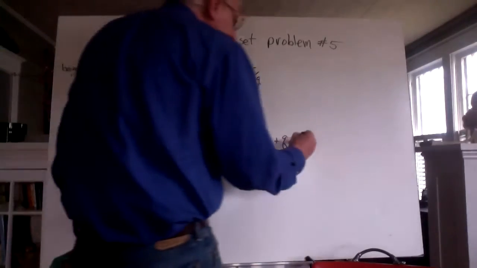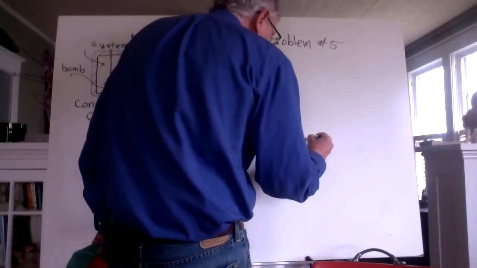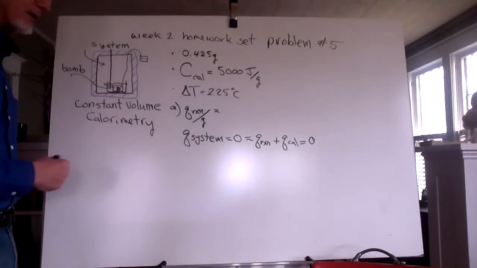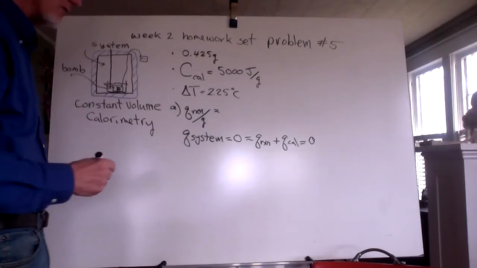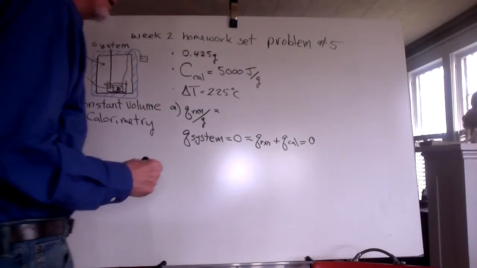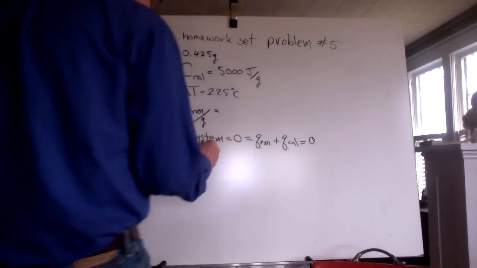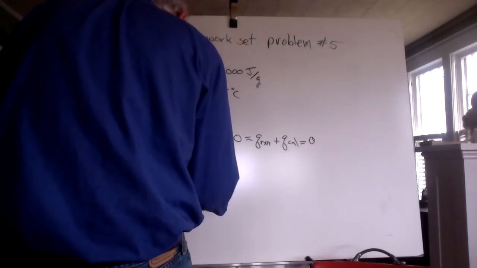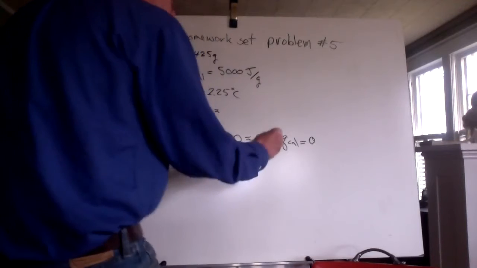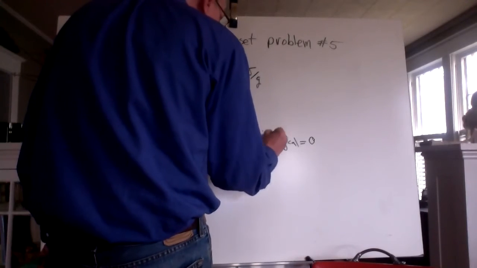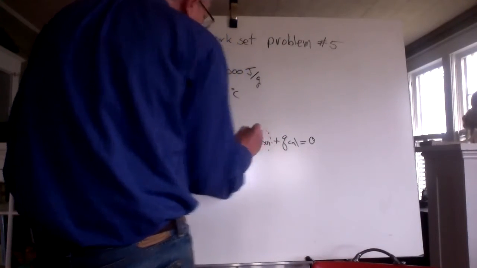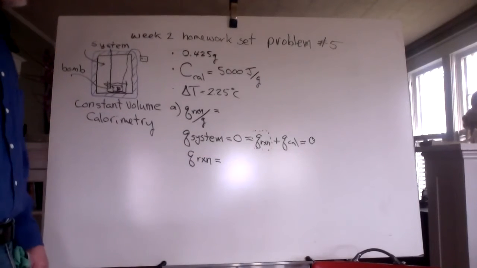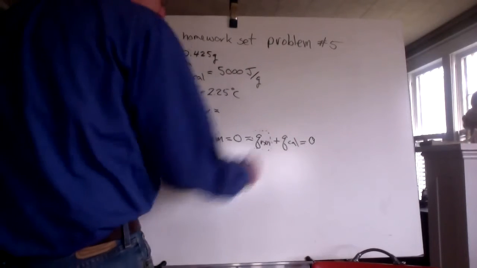But we know that the sum of these heat energy exchanges has to be equal to 0, because again, we're thermally insulated, no heat energy exchange with the surroundings. Now we can solve for Q of the reaction. That's what we're interested in, right? We want to know how much heat energy is associated with the combustion of the cereal. So we can solve for that now.